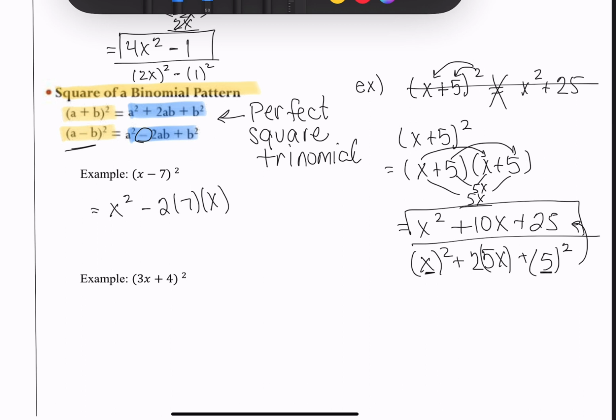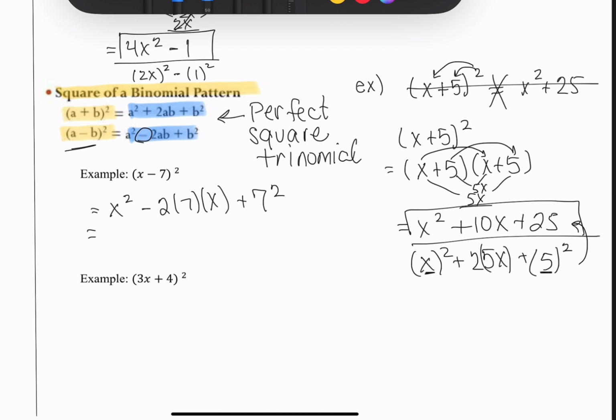And then I'm going to multiply my last terms. Negative 7 times negative 7 is a positive 49, or in other words, you need that negative 7 squared, so you're going to add 7 squared. Now, I encourage you to maybe FOIL this out like we did in the example with (x + 5) squared until you recognize this pattern.